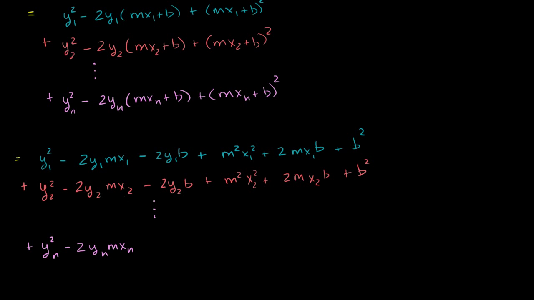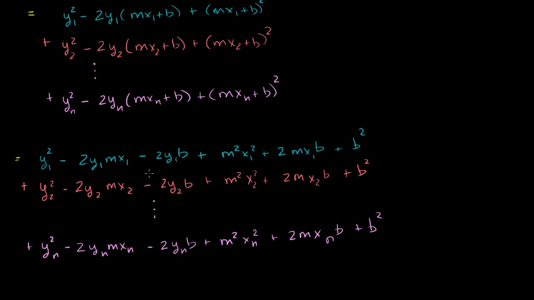It's going to be the exact same thing: minus 2ynb plus m squared xn squared plus 2mxnb plus b squared. So once again, this is just the squared error of that line with n points, between those n points and the line y equals mx plus b.